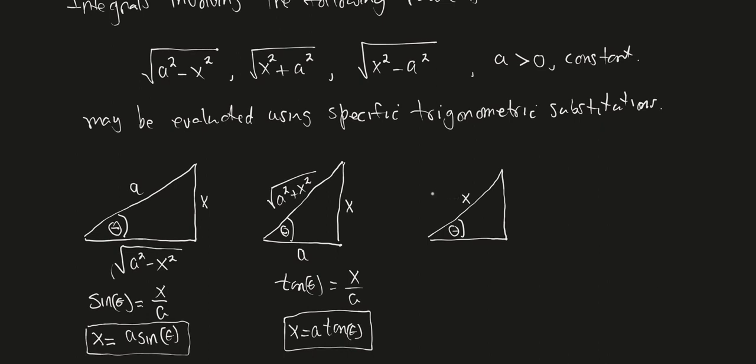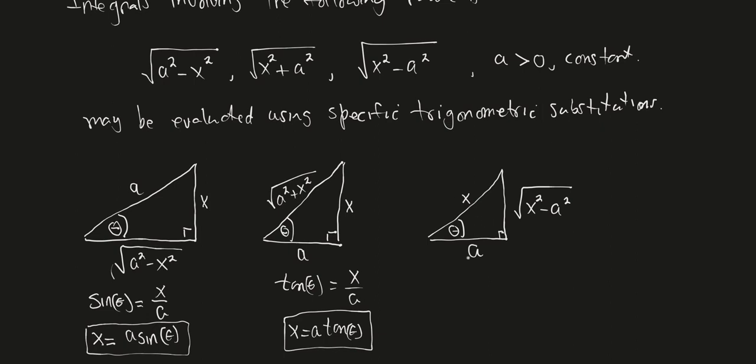And in principle, it doesn't really matter where I put the a, but to be consistent with the one that came before, I'm going to put my a there. And again, if I ask you to write down the expression that gives the length of this third side of the triangle, and these are all right triangles, by the way, then this missing side has length given by the square root of x squared minus a squared.